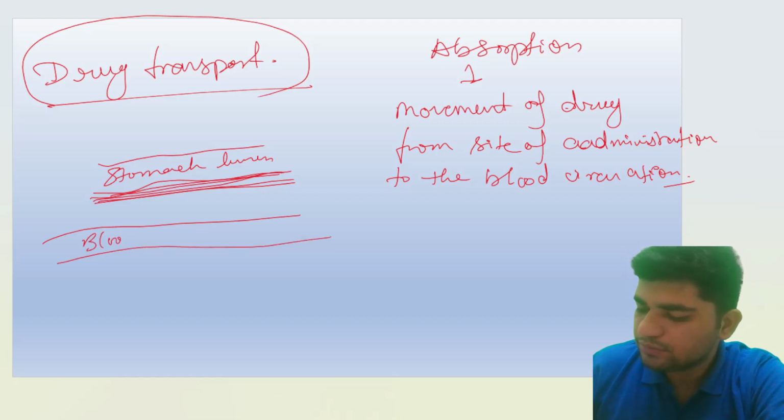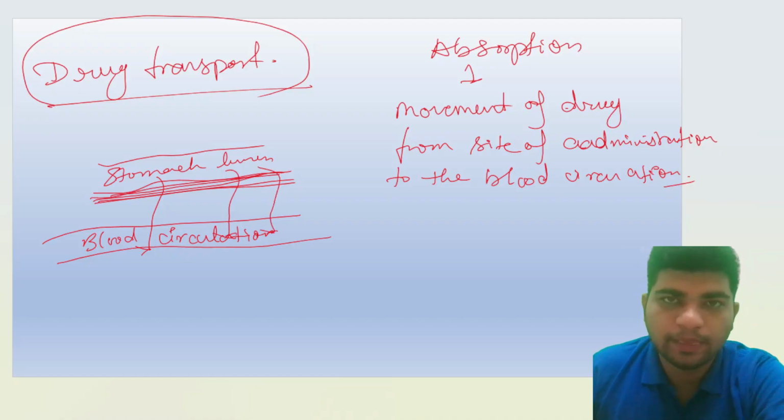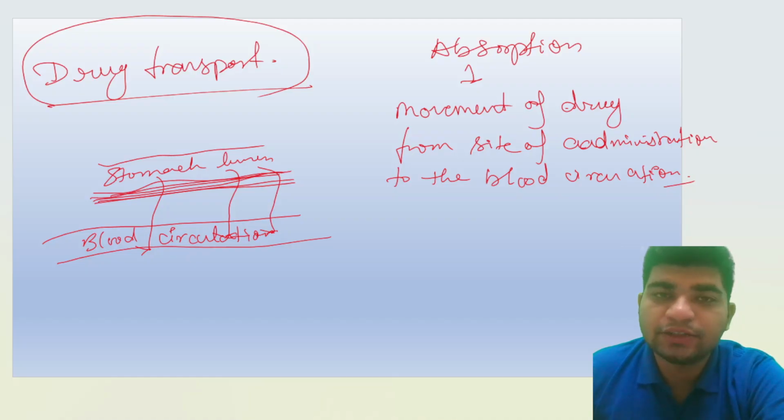The drug has to pass from here to here, here to here. So this needs some transportation, just like we need some kind of transportation to go to college from our home. In the same way, drugs also need transportation to reach from the stomach or the intestine into the blood circulation. So let's talk about some drug transport mechanisms.